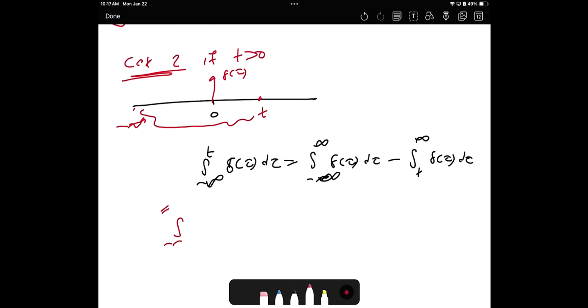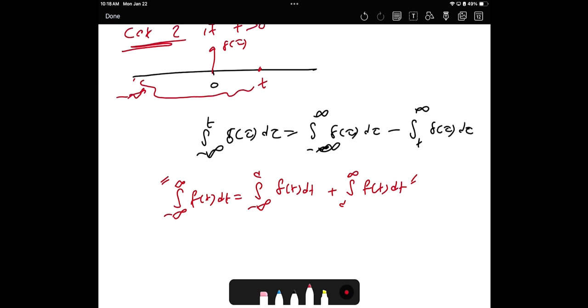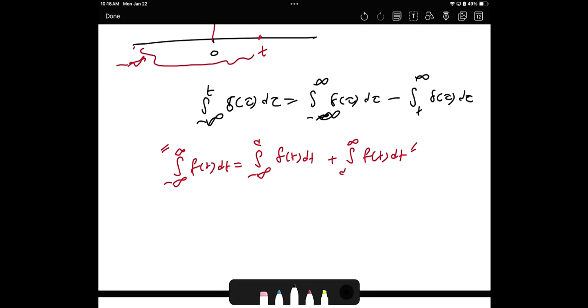The integral from minus infinity to infinity of f of t dt equals the integral from minus infinity to a of f of t dt plus the integral from a to infinity of f of t dt. So this is from calculus. Then let's go back here and substitute the values.